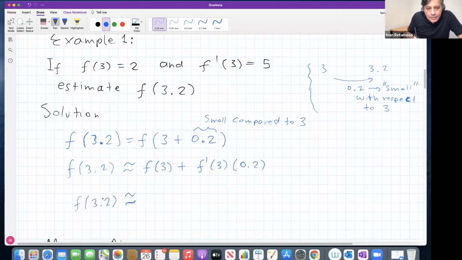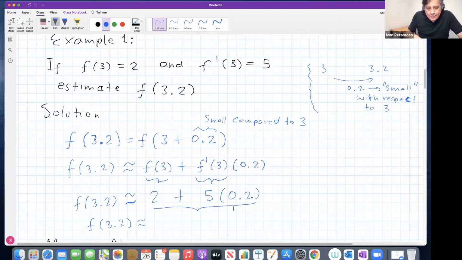This guy was given, it is 2, plus this guy also given, 5 times 0.2. Now you just put this in the calculator and that's it.